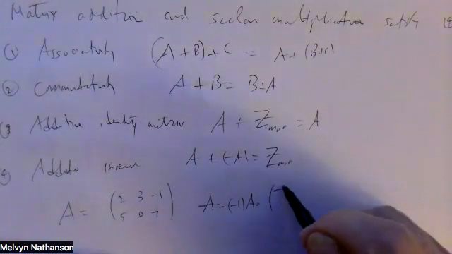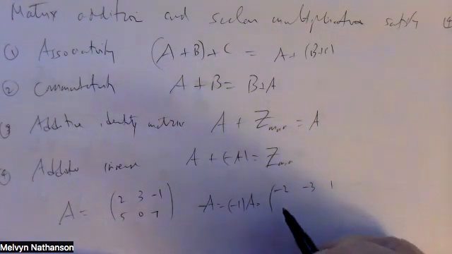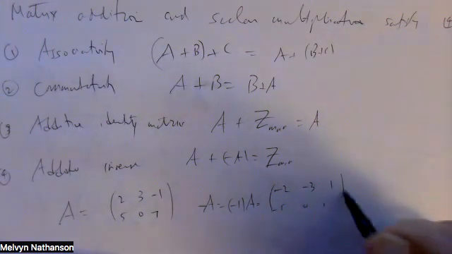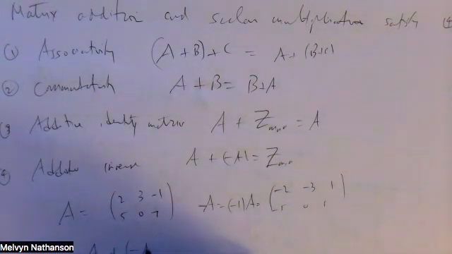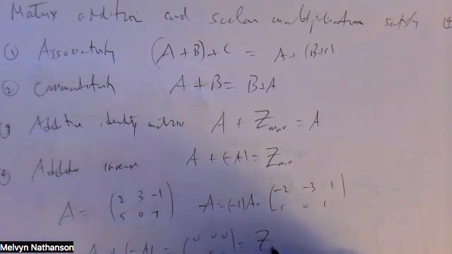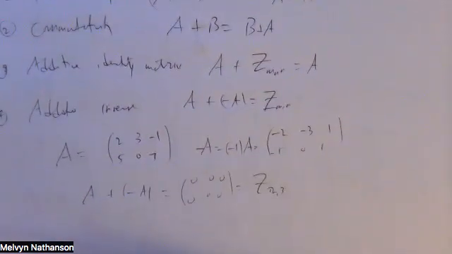That means changing the sign. Minus 2, minus 3, 1, minus 5, 0, minus 7. If you add A plus minus A, you get 0, 0, 0, 0, 0, 0. You get the 0 matrix, in this case the 2 by 3 0 matrix.